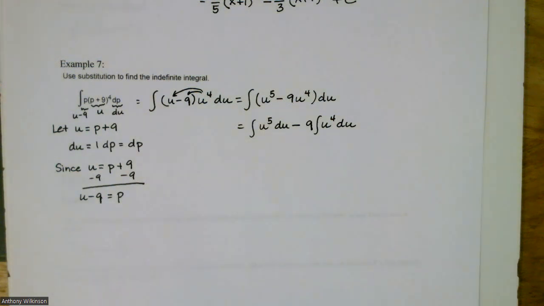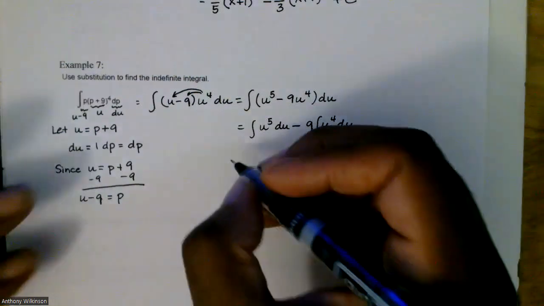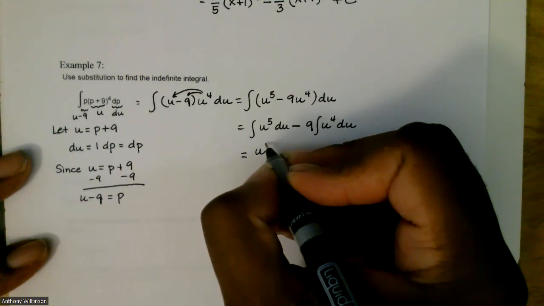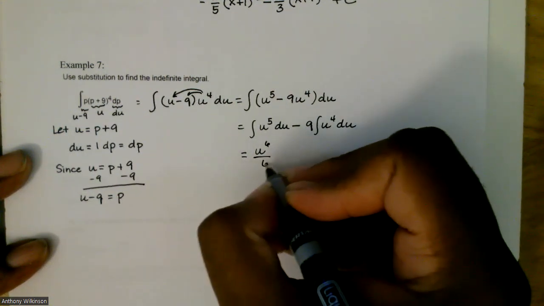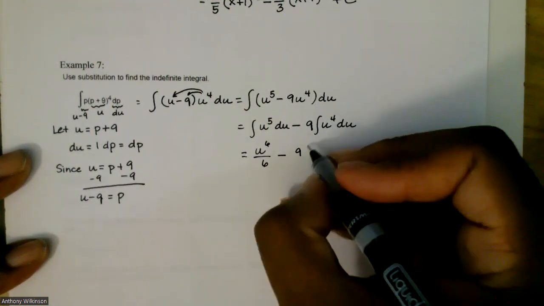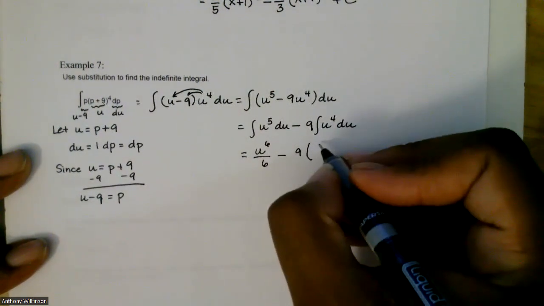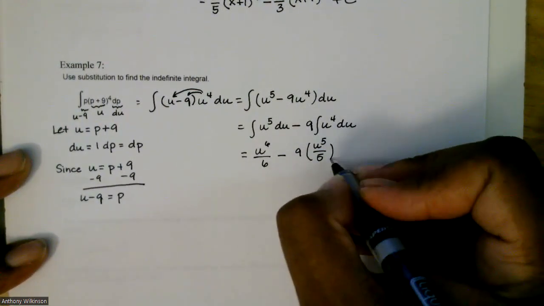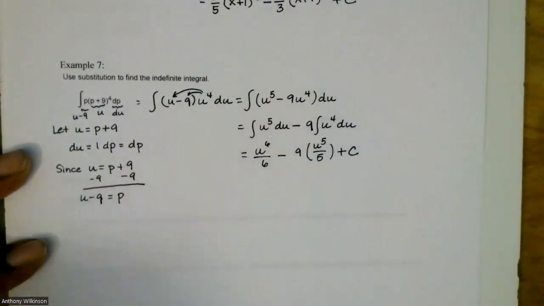So now let's integrate each expression here. For the integral of u to the 5th, we increase the power by 1, so it'll be u to the 6th divided by 6. Then minus 9 times, increase the power by 1, so it'll be u to the 5th divided by 5. And then plus c.